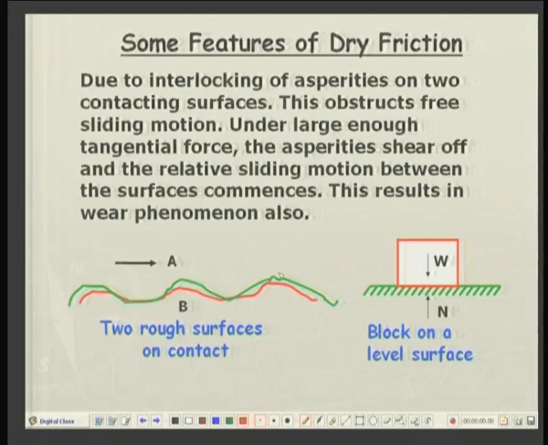Now, when we try to move, let us say, surface A relative to surface B, these asperities will interlock. They will try to prevent the relative motion unless the force is large enough that surface A can shear off, cut off those asperities and move forward.